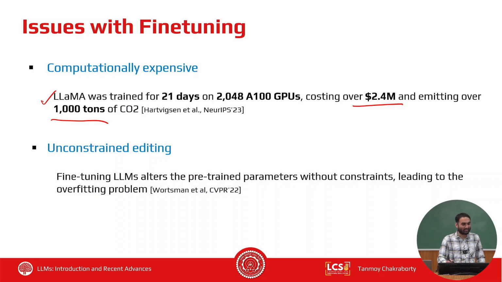So fine tuning is not a good approach. And the second problem with fine tuning is that when you have a set of facts which you want to incorporate and you only fine tune based on these facts, your model may get biased. The model may overfit.